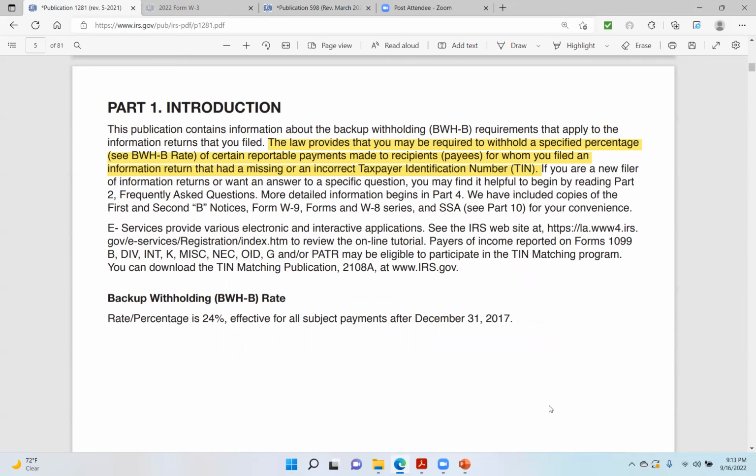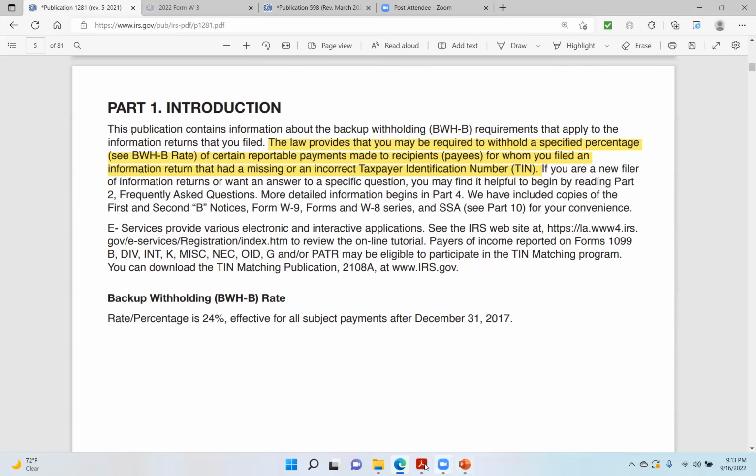So that's why it's a red flag to me, because how did that happen? How did you neglect to include a taxpayer identification number or include an incorrect taxpayer identification number?